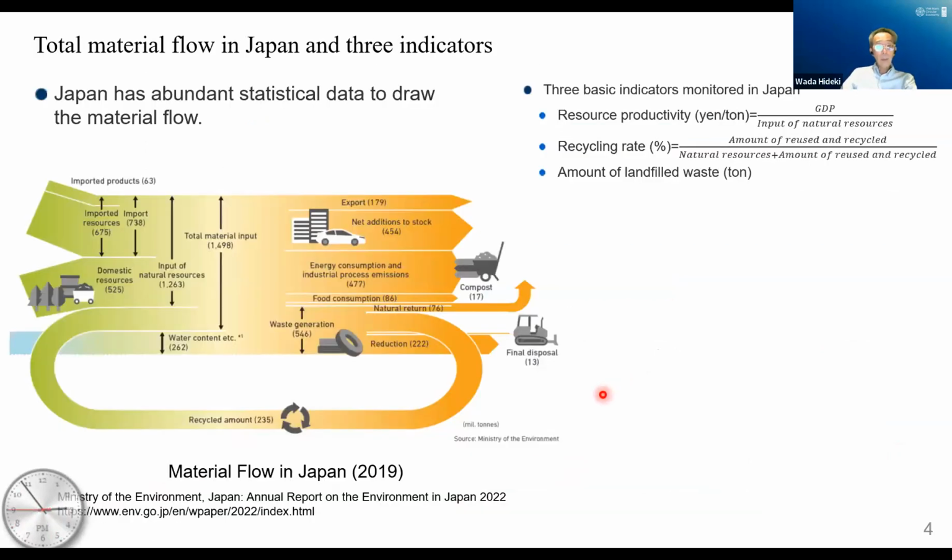Based on those laws, this is the basic indicators used in Japan, composed of three major basic indicators. One is the resource productivity as the input evaluation, and recycling rate in the middle inner side. And as the output side, we use amount of landfill waste.